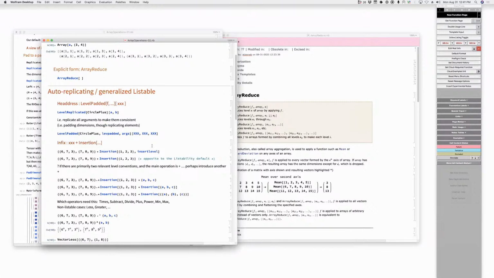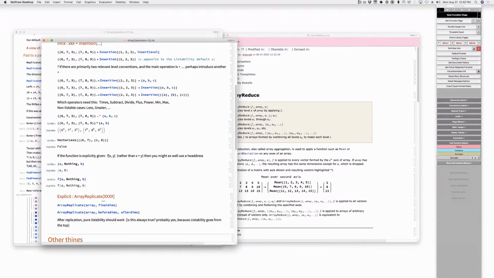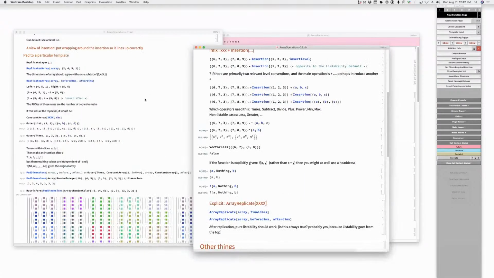Okay, we've got array replicate. The general form here is array replicate. We think we have a, I'm not sure if the name is quite right, but last time we were discussing a more general syntax with a list of rules. Absolutely, yes, that's correct.